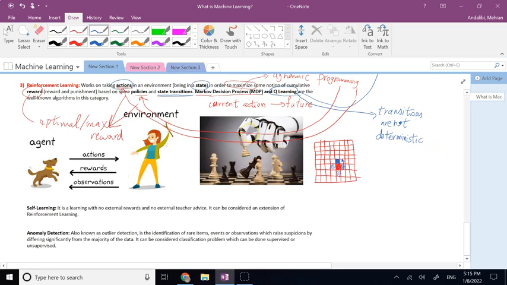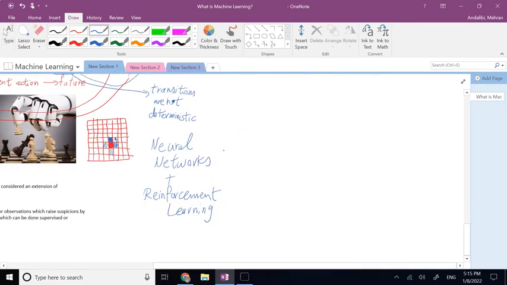By the way, before I jump to the next thing, neural networks can also be used for reinforcement learning, right? And one of the names that comes into play is called deep Q learning.